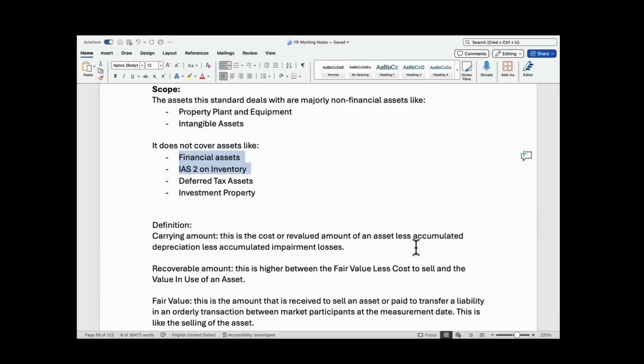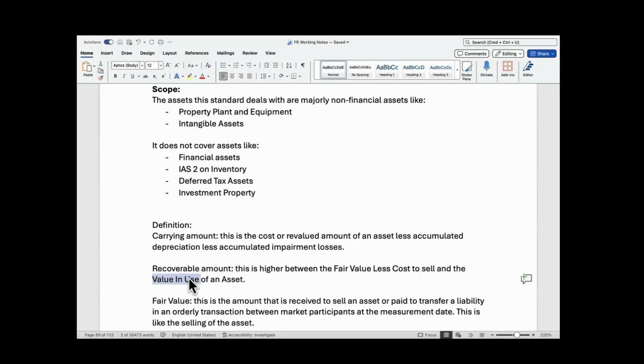So the aim is to ensure that you don't overstate your assets, by ensuring that your assets in your books as PPE or intangible assets are never above and beyond their recoverable amount. And their recoverable amount is the higher between how much you can recover from selling the asset, which we call net realizable value or fair value less cost to sell, and how much you can recover from continuing to use the asset, which we call value in use.